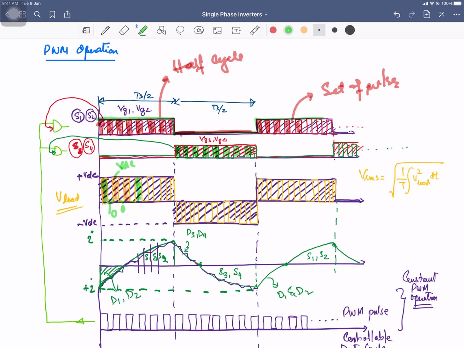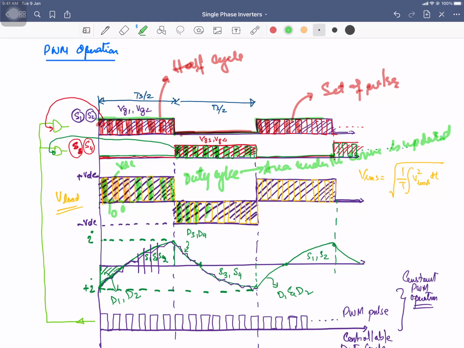So your gate voltage will be amplified, and that will appear in the same pattern at the load terminals, right? So now if you change the duty cycle of these pulses, it means the area under the curve is updated.